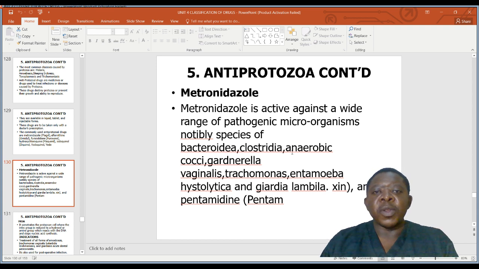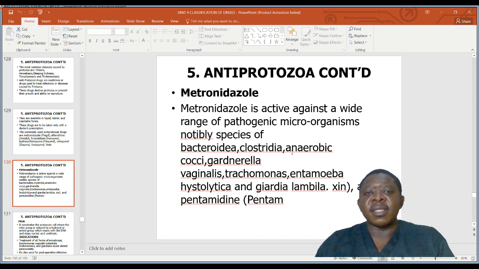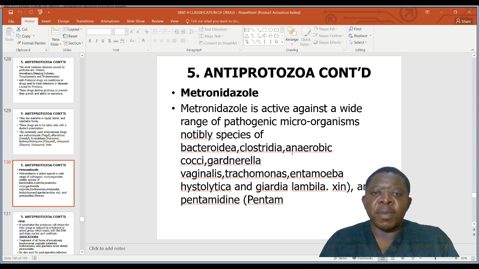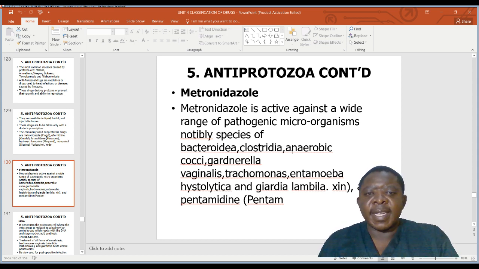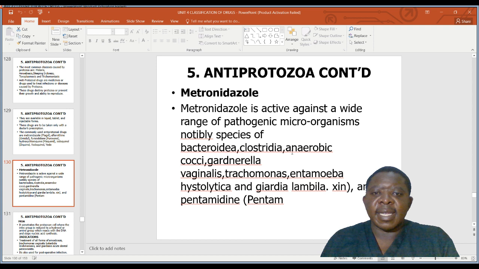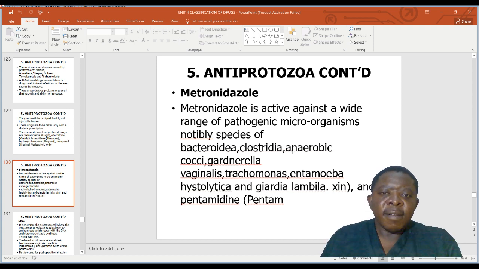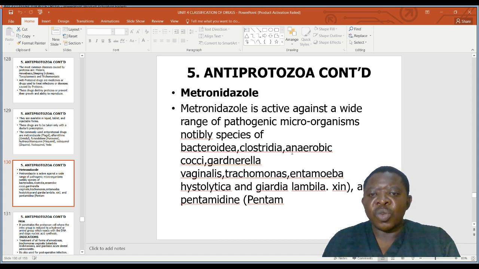Metronidazole is active against a wide range of pathogenic microorganisms, notably species of Bacteroides, Clostridia, anaerobic cocci, and Gardnerella vaginalis, Trichomonas, and Entamoeba. So it is very active against those.